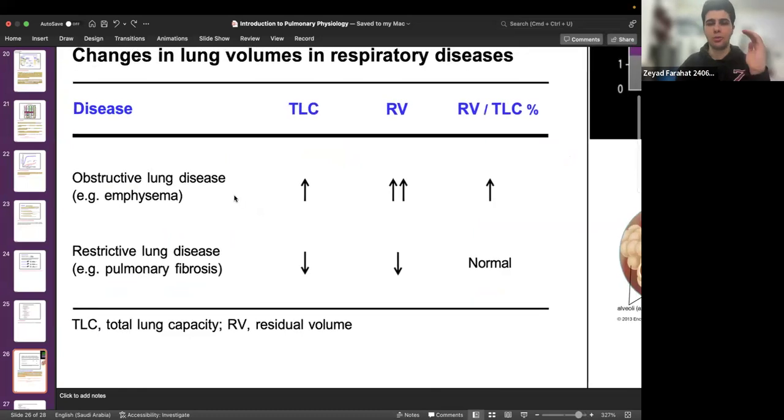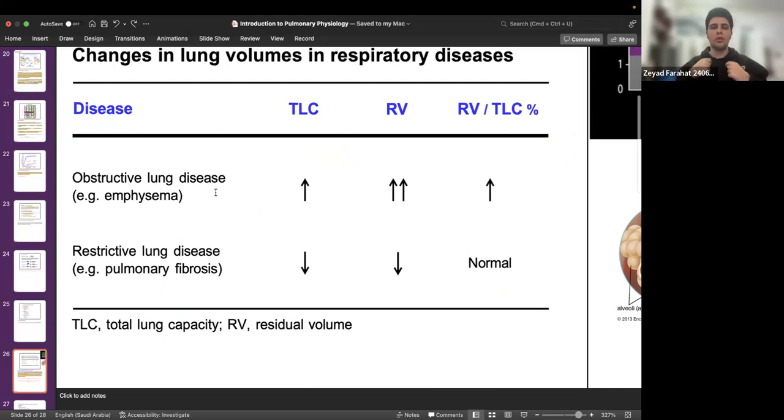We said obstructive lung disease, we have a problem in expiring the air. So naturally, when you can't expire, the air stays in your lungs. So when it does stay in your lung, then the total lung capacity increases because the air is trapped inside. So if the lung were like this, they become like this. They get expanded.